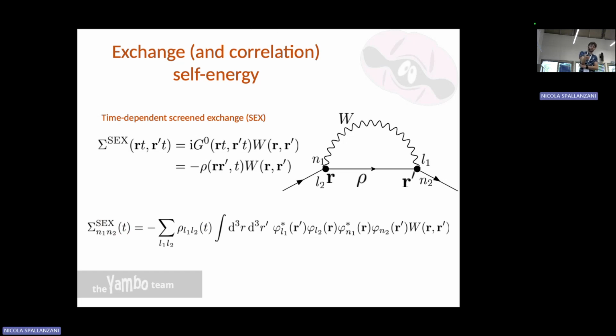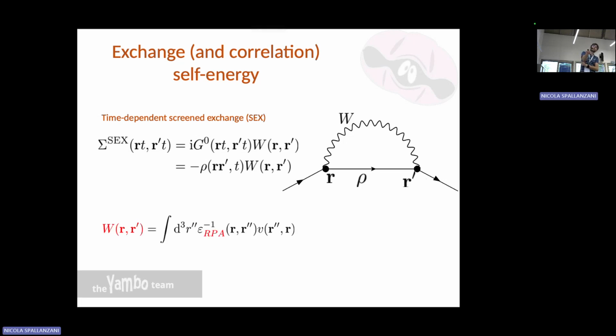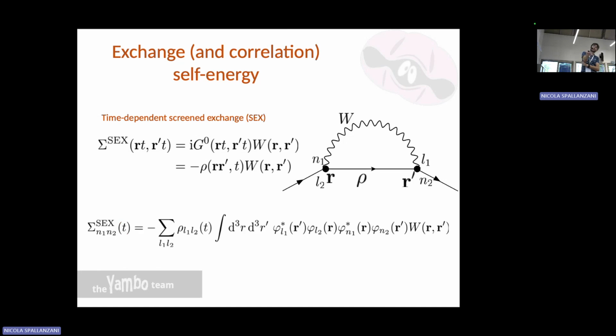And I can also, in this case, take this density and expand it in terms of the density matrix in the Kohn-Sham basis. So these are all orbitals, and now I end up with the density matrix times something which is the interaction projected in the transition space.